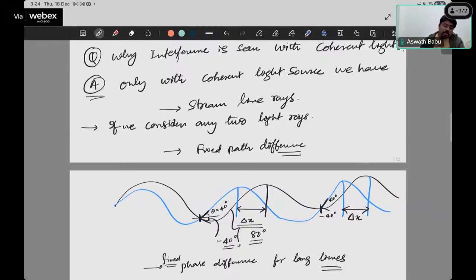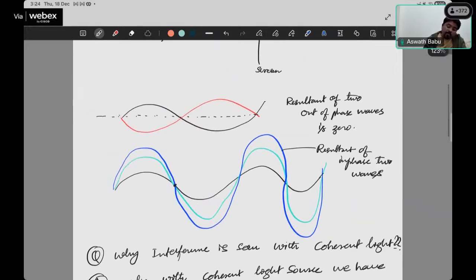In the example I gave, the rays were of equal amplitude and equal frequency. We don't see this kind of effect with an incoherent light source. They may destructively interfere or they may constructively interfere, because all are random rays.